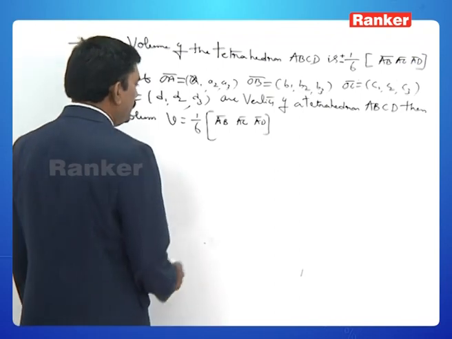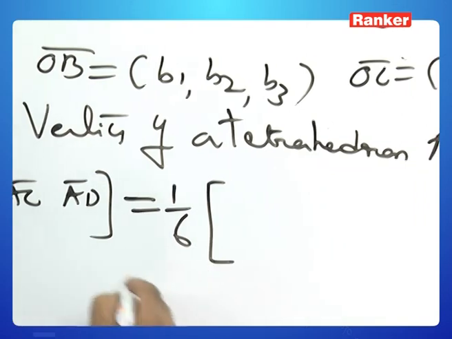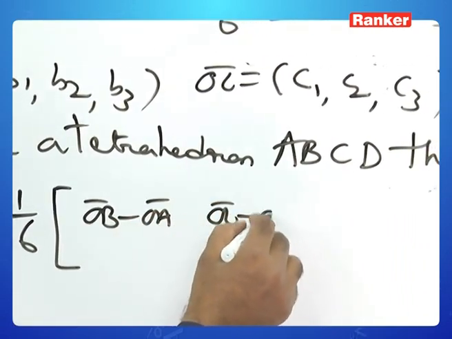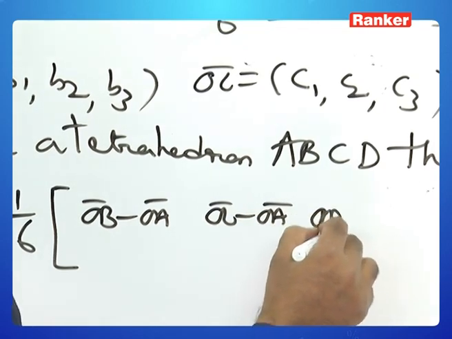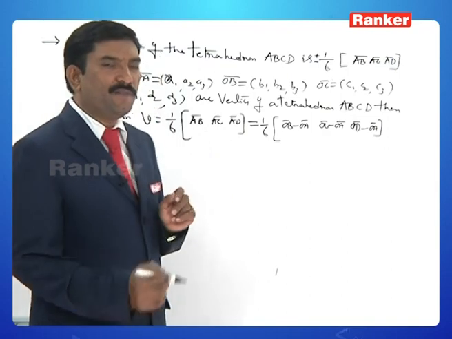Okay, now this is nothing but 1 by 6 into OB minus OA, OC minus OA, OD minus OA. Sir, why have you taken co-initial vectors?